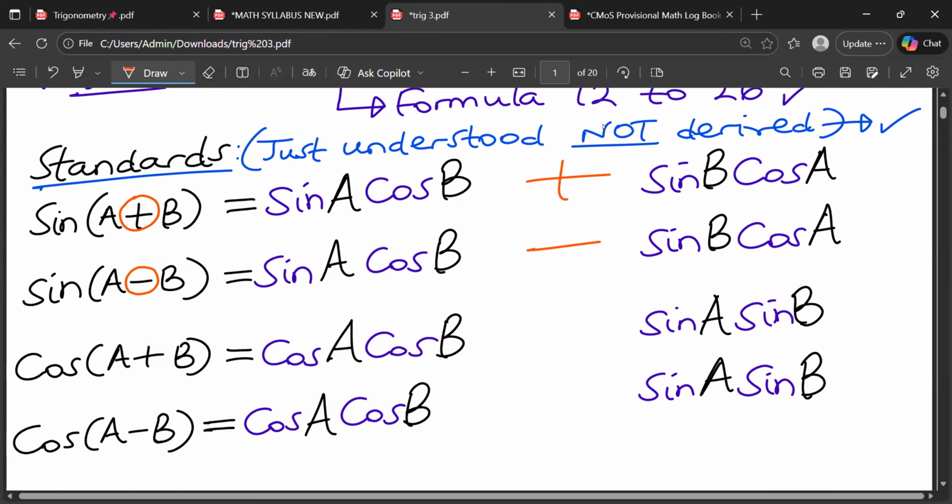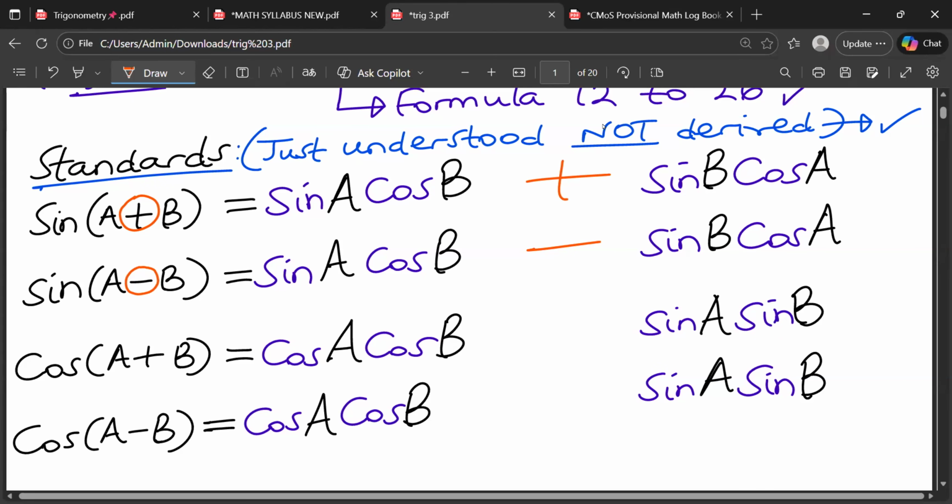But for cos, the opposite will happen. Just like the way I taught in differentiation, when you differentiate sine, it will give you positive cos without changing a sign. But when you differentiate cos, it will give you a negative sign. So that's what cos usually does. It's just there to mix up things.